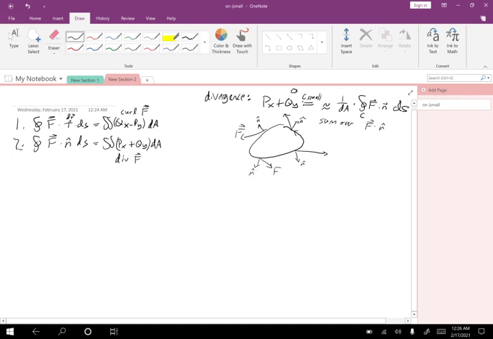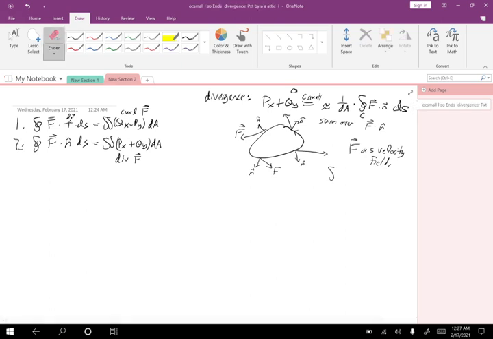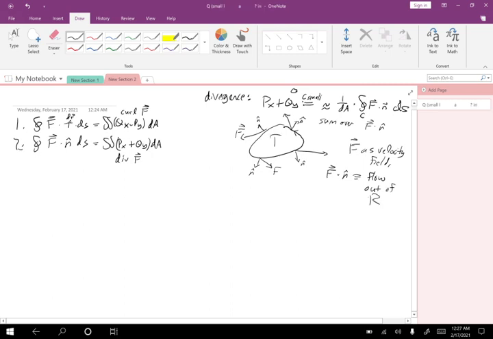So really, what this represents is, if you think of f as a velocity field, then this sum of these projections equals the flow out of our region, of whatever particle it represents.